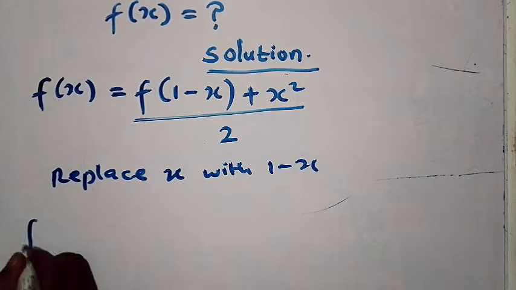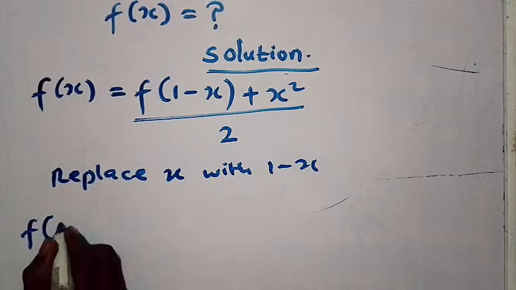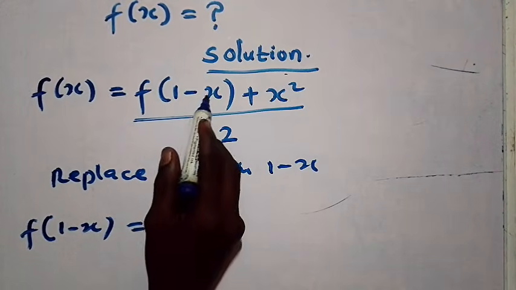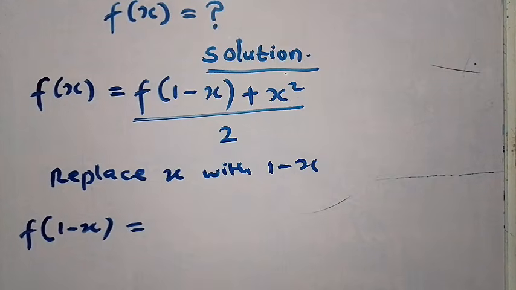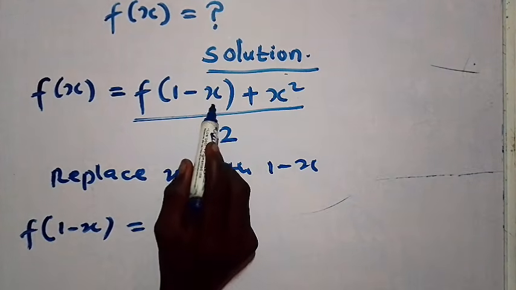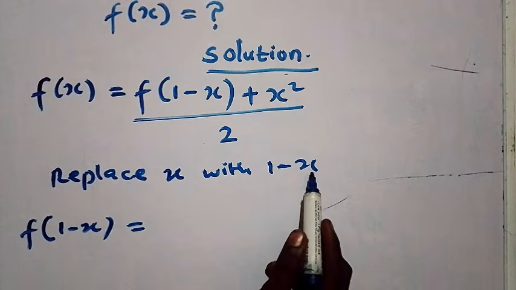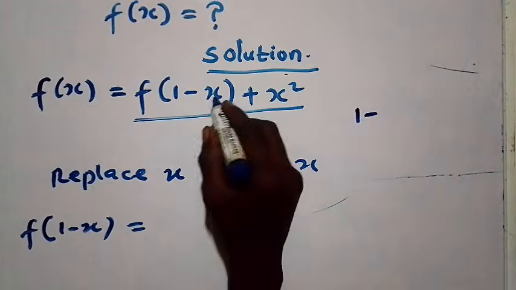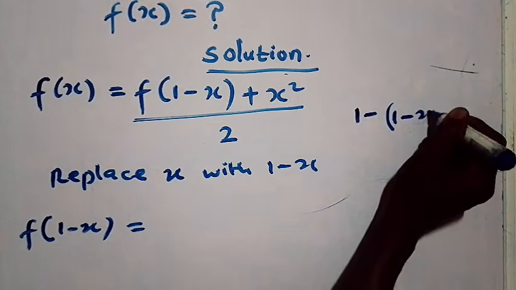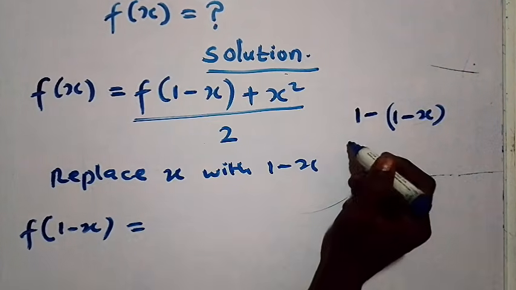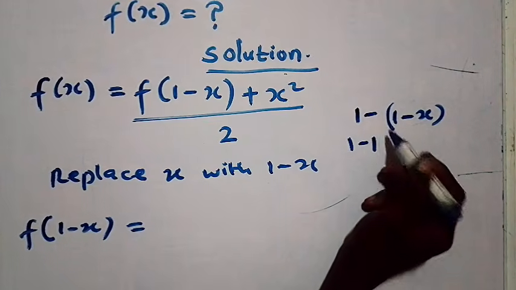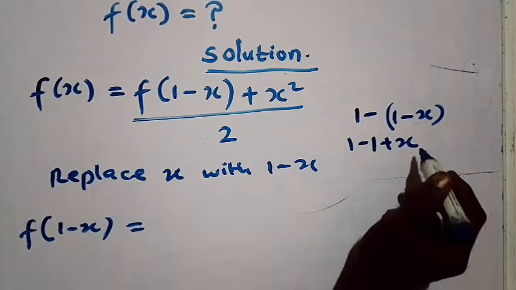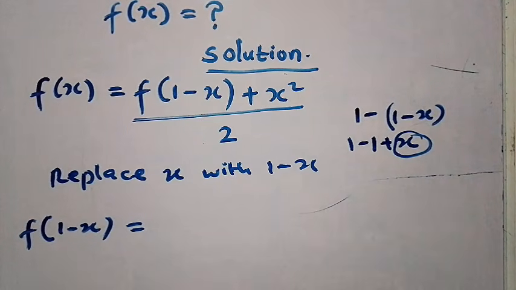Then we have the equation to be f of, this is x, replace it with 1 minus x, equals f of 1 minus x. But we are replacing this x with 1 minus x. So if you do the rough work here, 1 minus, this is x, introduce 1 minus x again. Minus times 1 gives minus, minus times minus gives plus, then we have x. 1 minus 1 is 0, then we are left with x.